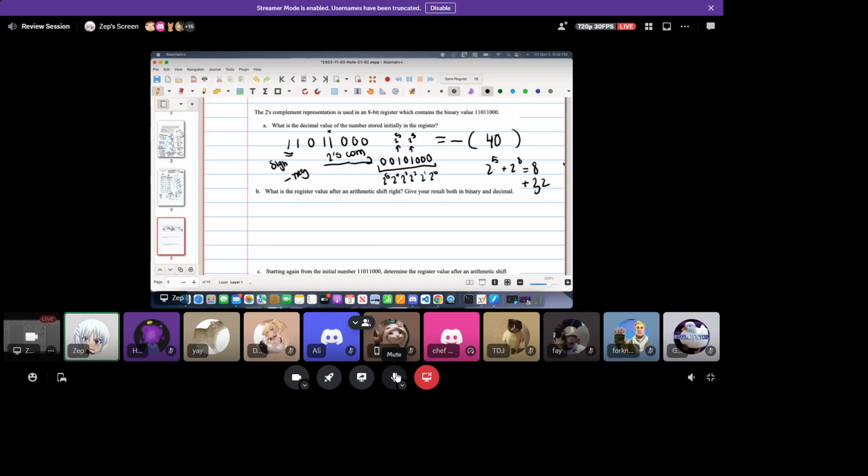Okay, what is the register value after an arithmetic right shift? For arithmetic right shift, you take the sign bit and you add it to the left. Or I will visually show you right now because left and right are confusing when you're tired. So, the arithmetic right shift, this is left, this is right.